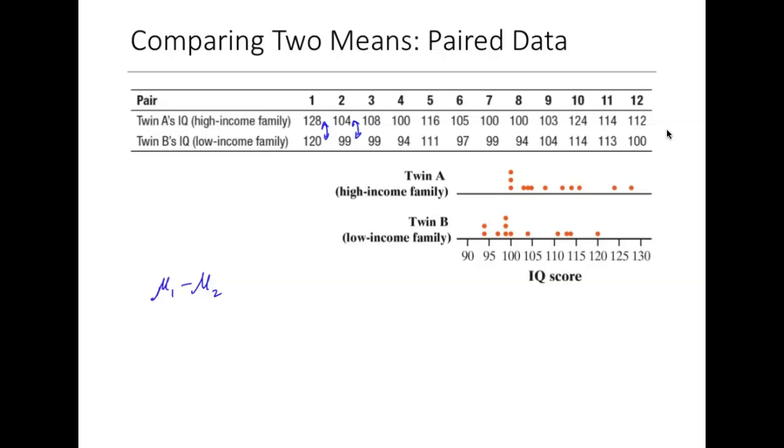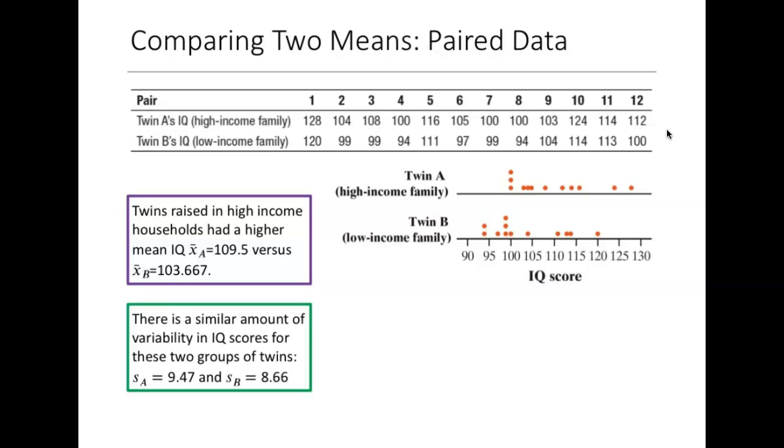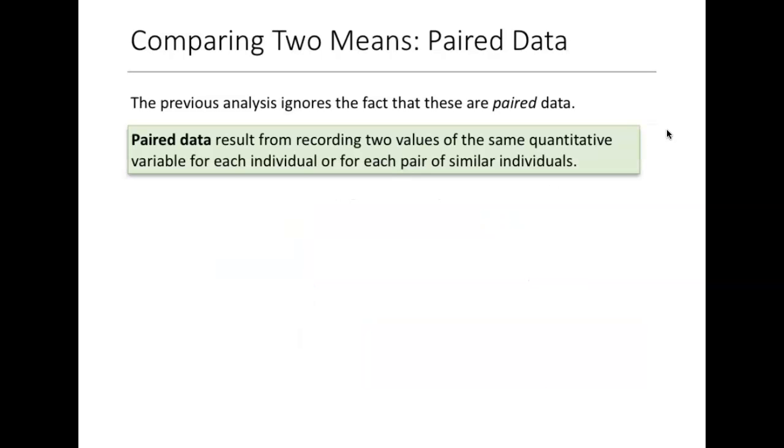In fact, in this case, each individual datum is paired with another datum. So paired data result from recording 2 values of the same quantitative variable for each individual or for each pair of similar individuals.